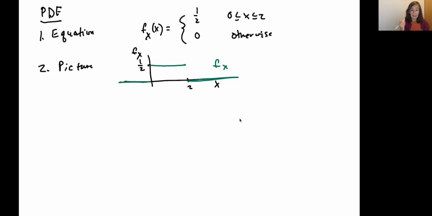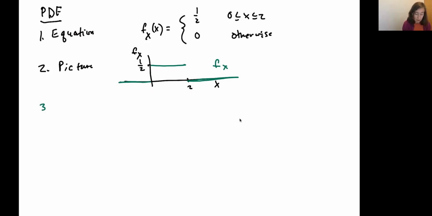That is the same information. Indeed, this is a function that takes the value 1/2 when x is between 0 and 2, and it's 0 everywhere else. It really is the same information, displayed in a different way.